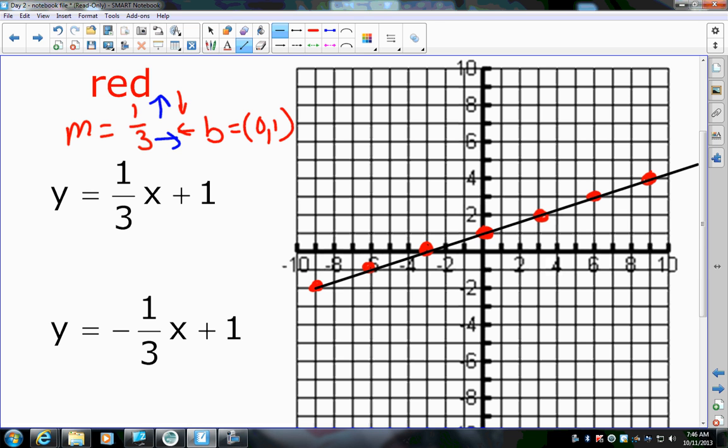All right, the next one, the slope is negative 1/3. The y-intercept is 0, 1.